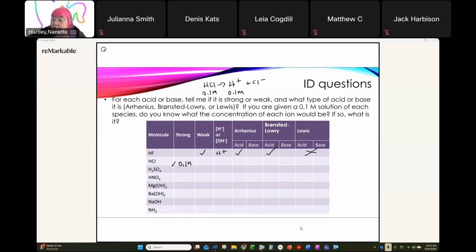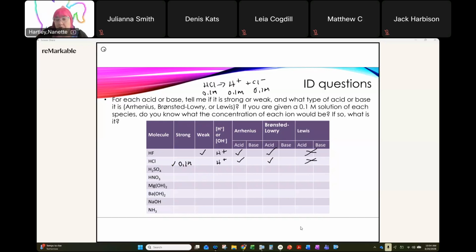And so both of these will be 0.1 molar because they both came from here. And so when it breaks down, I get one of each of those. Okay. So that's what we're looking at in terms of knowing what those concentrations are. It is also an H plus donor, and therefore fits my Arrhenius definition and my Bronsted-Lowry definition, but not necessarily anything in Lewis. Okay.